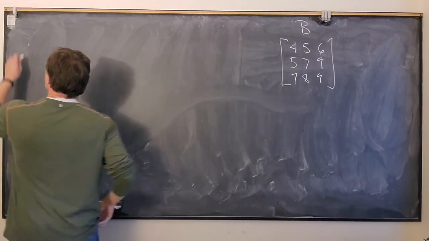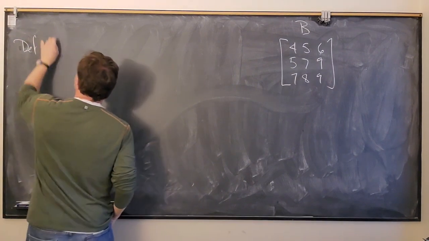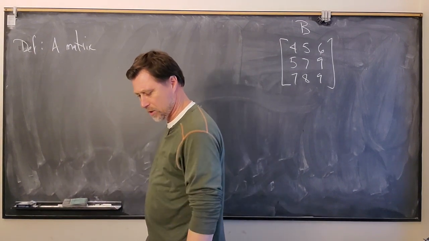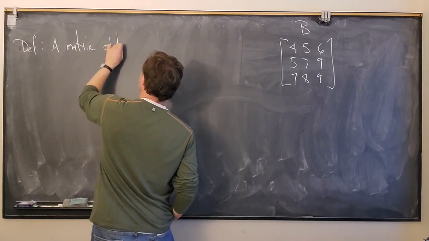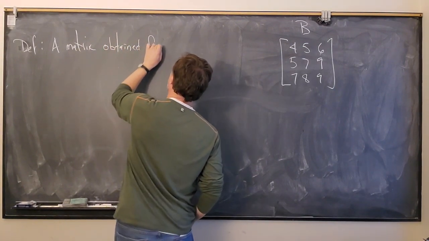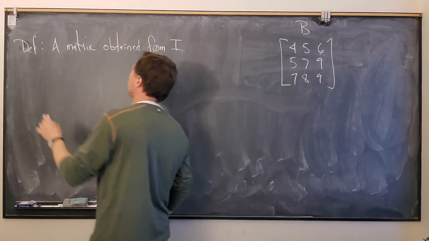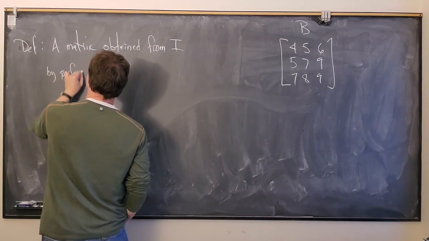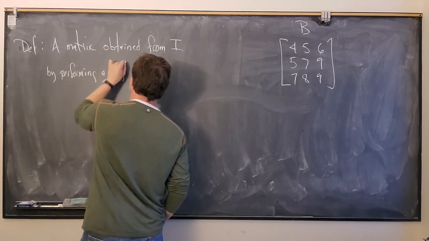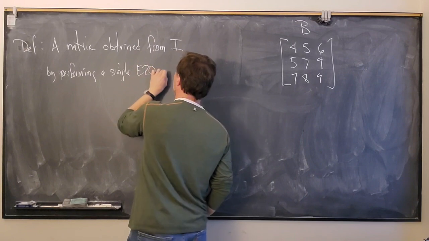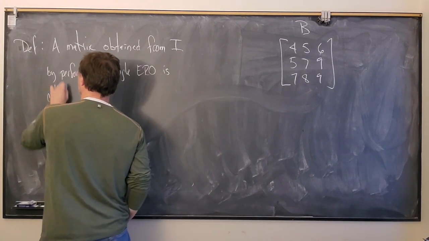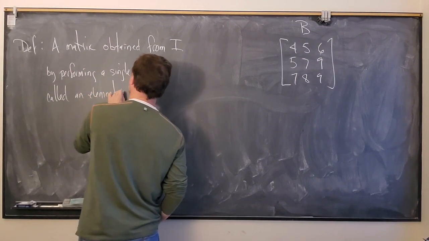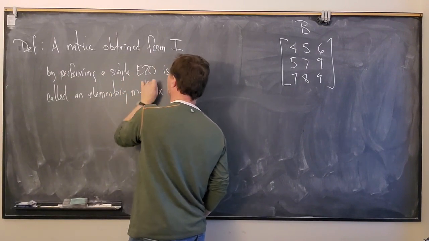Okay, now for our next definition, a matrix obtained from capital I by performing a single elementary row operation is called an elementary matrix.